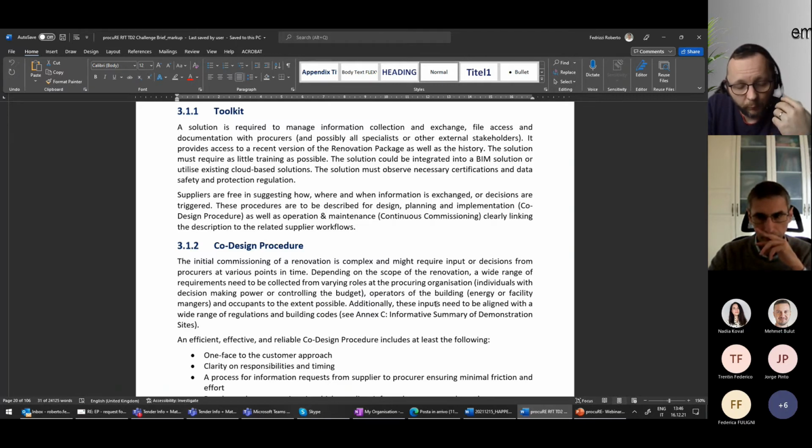Looking forward, if your approach is successful and the procurers come back to you and say, okay, you've done 1 building for me, now I want 5, I want 10, whatever, then there must be a procedure with which you are able to make decisions quickly, inform them about any decisions necessary, and so on.